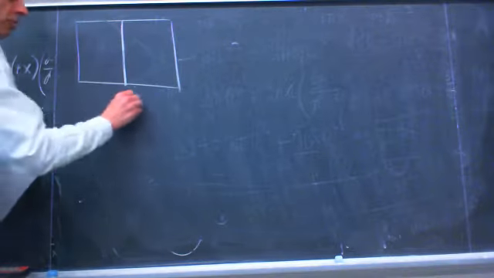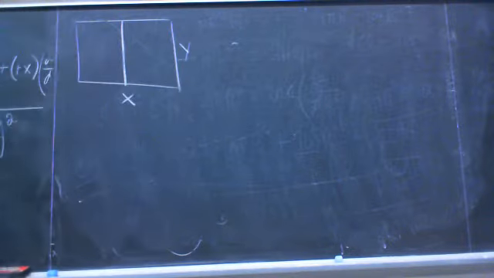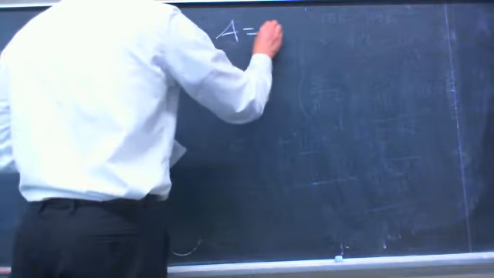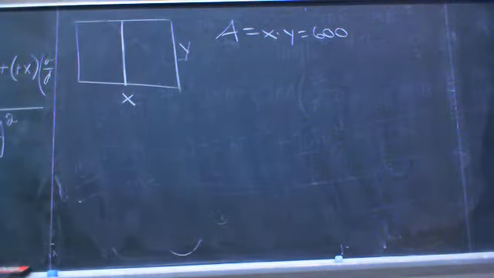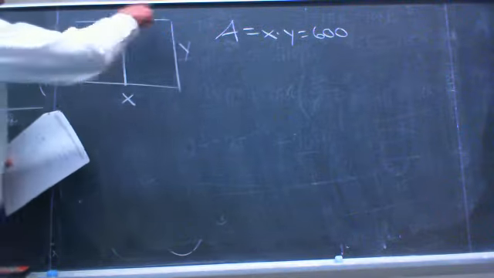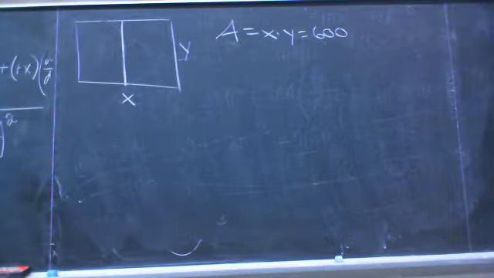So I can call this dimension x, this dimension y. And the area of this plot, which is x times y, is known to be what? 600 meters squared. That's a constraint. We're confined to 600 meters squared, correct? All right, so then what are our dimensions going to be so we have the least amount of fencing to use?